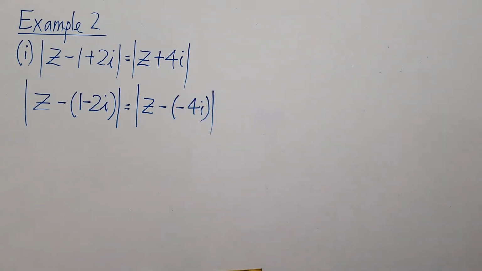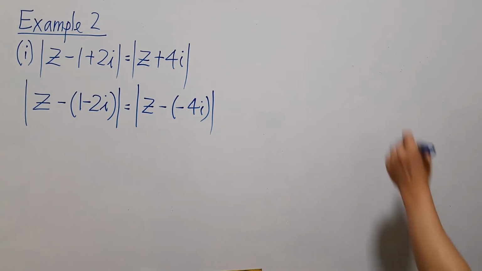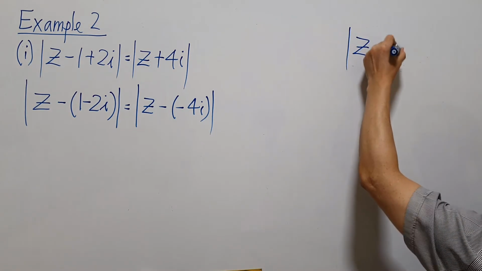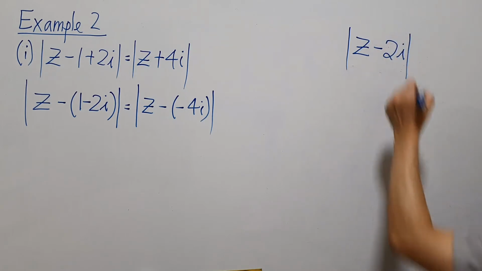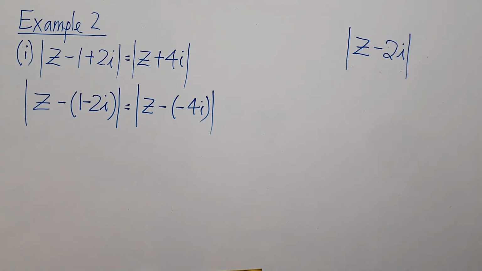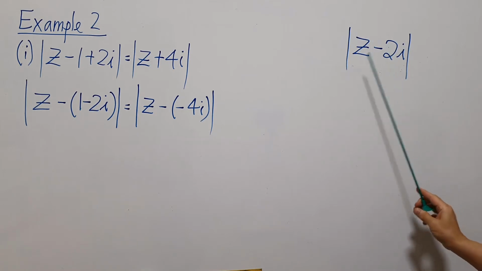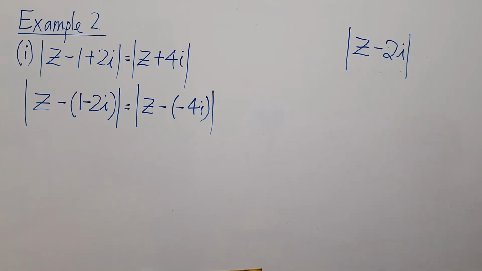If you could recall, in the earlier discussion, I told you, if you have a statement like this, modulus of z minus 2i, this represents the distance from 2i to z.